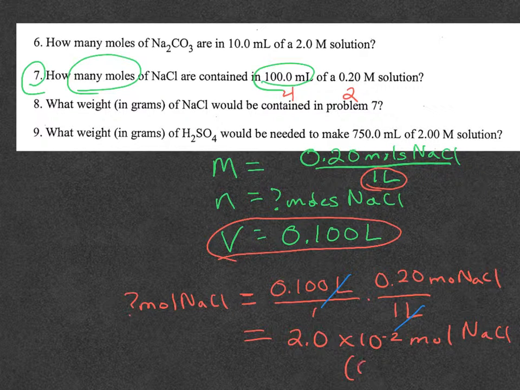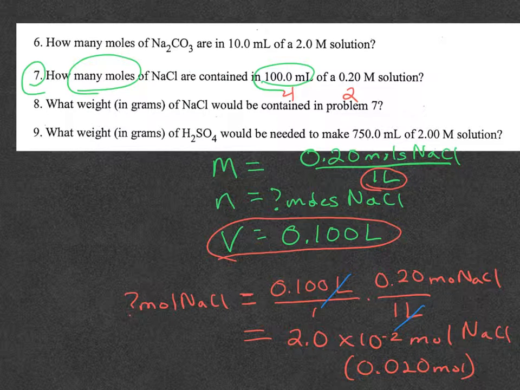You also could have written 0.020 moles, and that would work as well. So that is how you would convert to moles given a certain volume and a certain molarity.